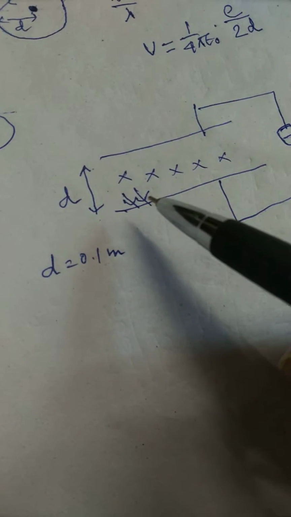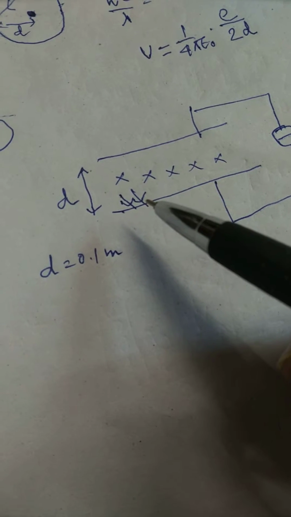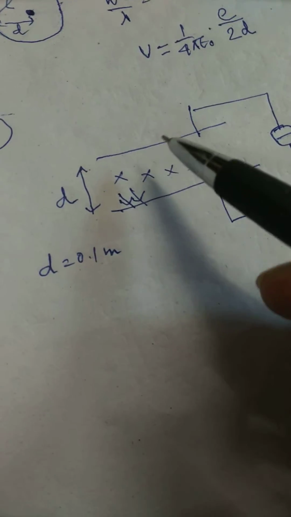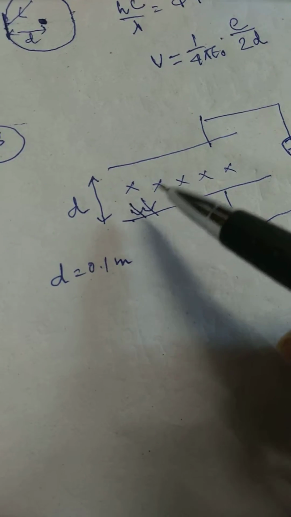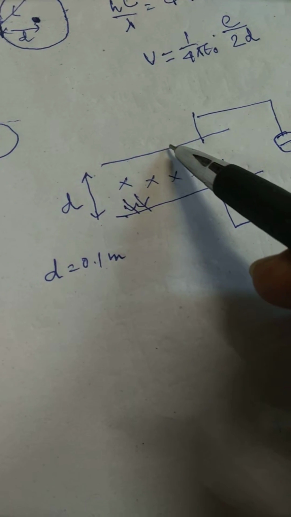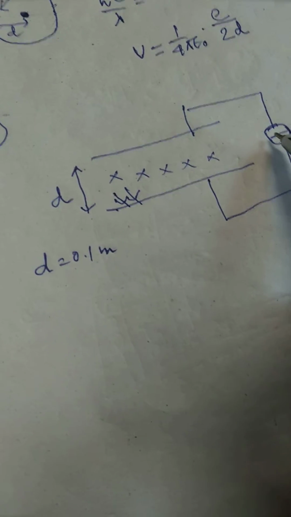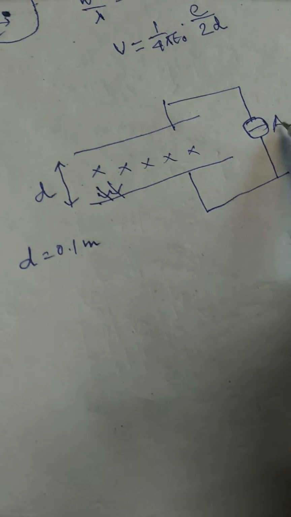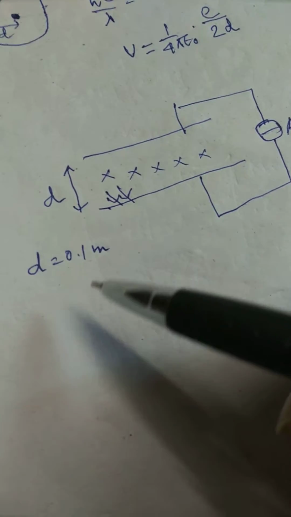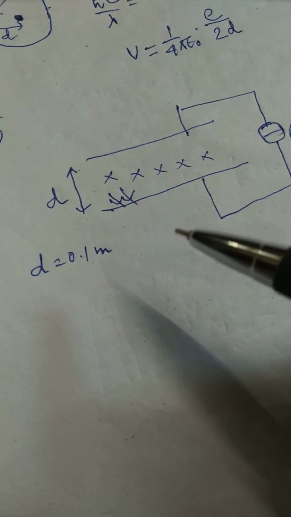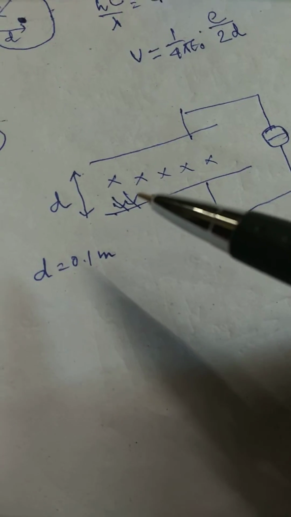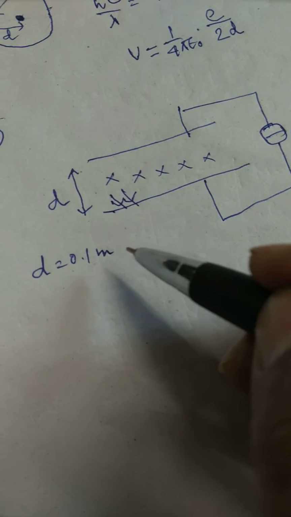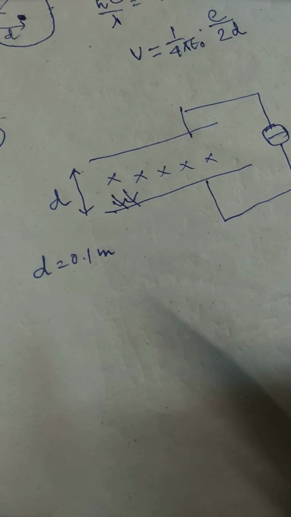So the maximum possibility of reaching electrons on the other plate for which the ammeter will give a deflection is for wavelength having minimum value, because when lambda is minimum the energy is maximum.